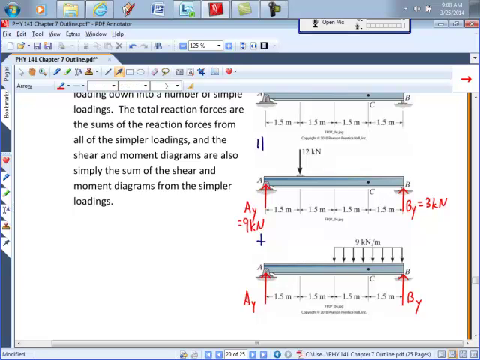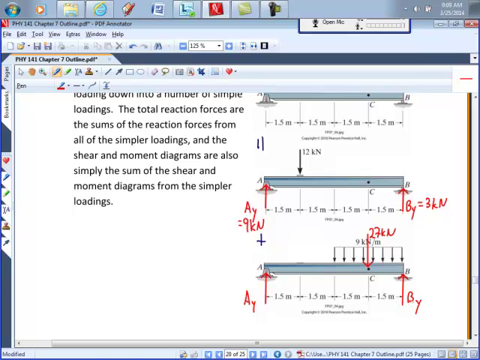Right, we're going to replace this distributed load with a single force at C, which is going to be how much? It's 9 kilonewtons per meter over a total length of 3 meters, so 27 kilonewtons. And it's acting 1.5 meters from B.